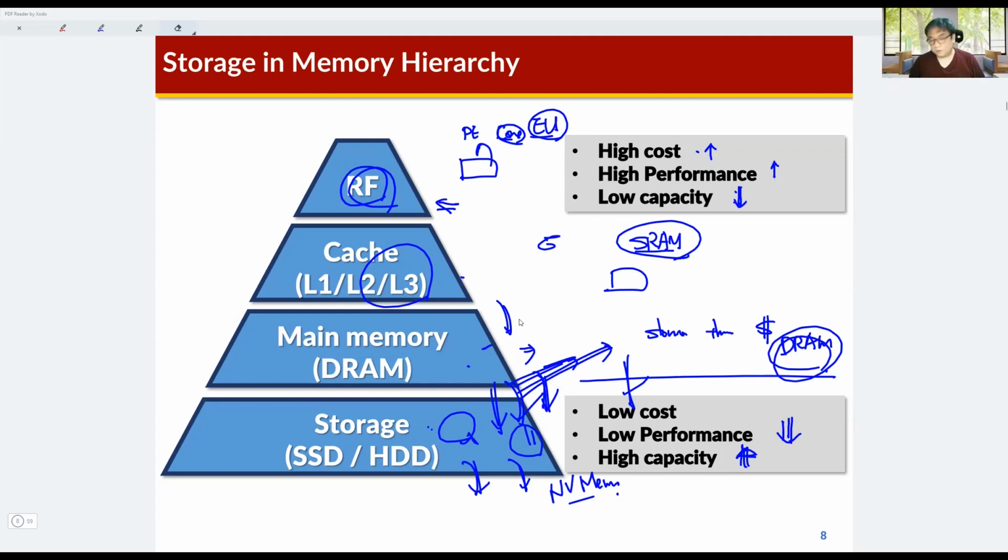The storage is connected to the main processor like the CPU via a communication link, such as the storage interfaces, and the data communication between the CPU and storage devices is managed by operating systems.